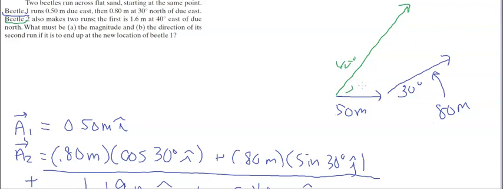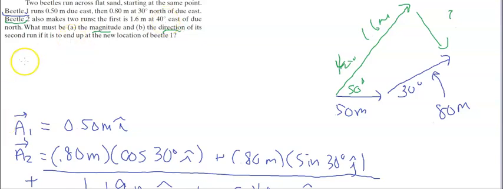Let me rewrite that 5 better. And that's 1.6 meters that the beetle is running. It's asking us for the vector of the second run. In other words, what's the magnitude and the direction of its second run to end up at the same point where beetle 1 ends up.